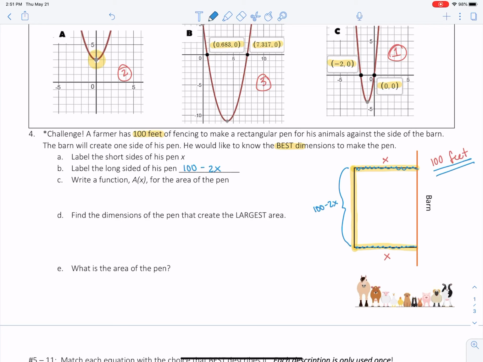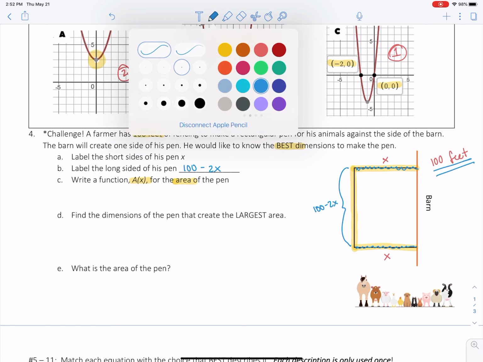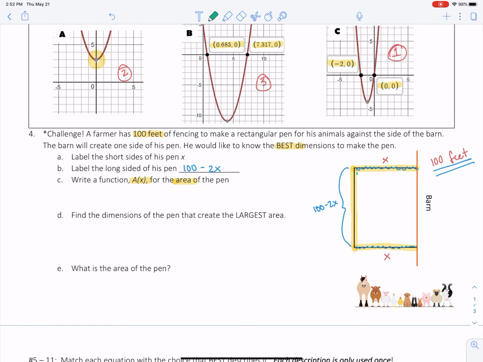Okay, so now we want to write a function for the area, A of x, of the pen. And hopefully we remember from middle school that the area of a rectangle is your length times your width. So length times width.